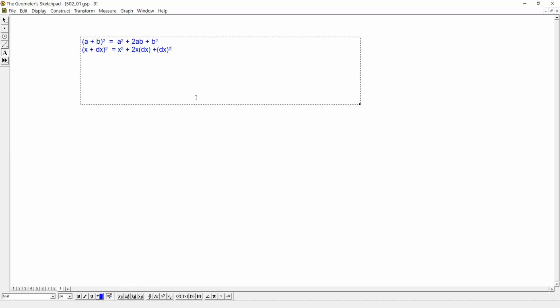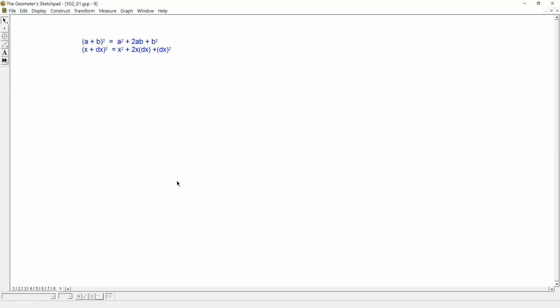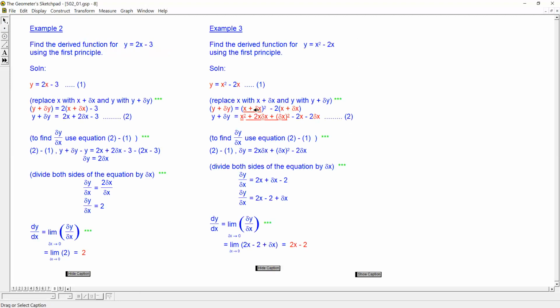So anyone cannot follow? Do you know what is happening here? Can follow, then we go back here, right? So now this x plus delta x squared is x squared plus 2x delta x plus delta x squared. Then the minus 2 multiplied with x is minus 2x.